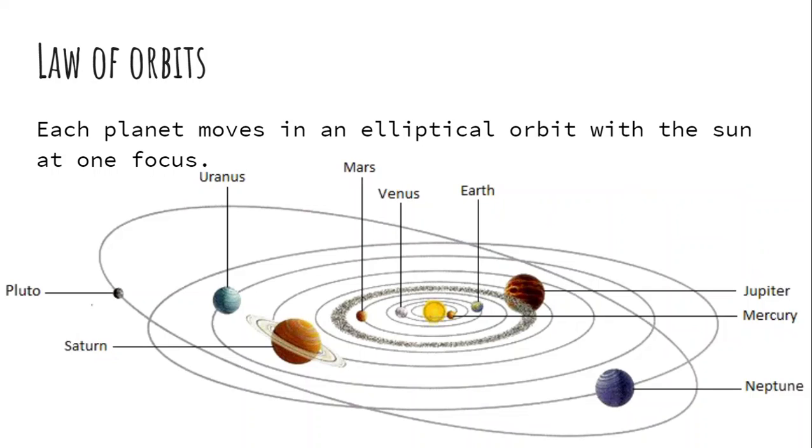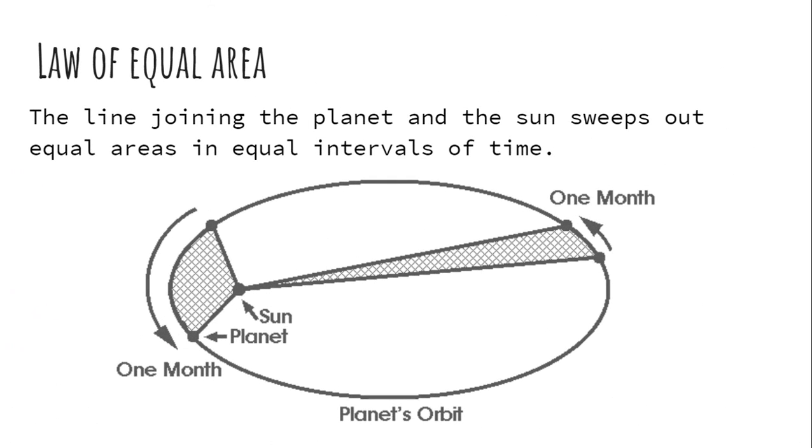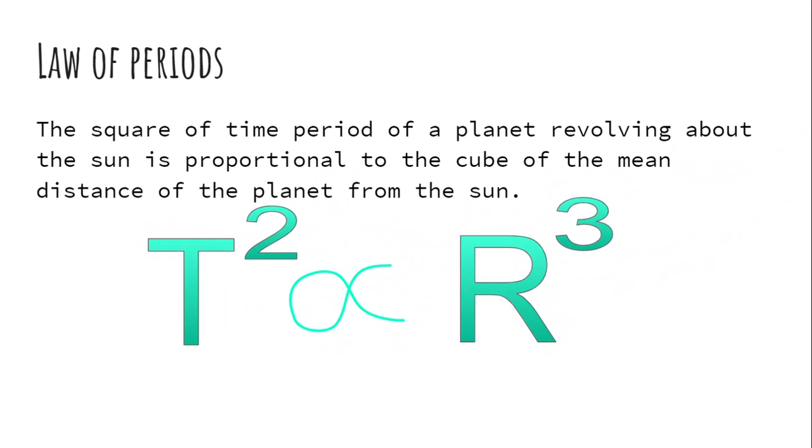So, law of orbits. This law states that each planet moves in an elliptical orbit with the sun at one focus. Law of equal area. This law states that the line joining the planet and the sun sweeps out equal areas in equal intervals of time. And law of periods.